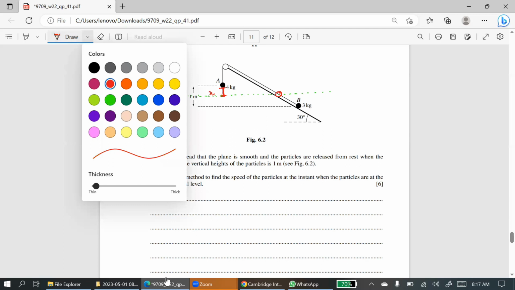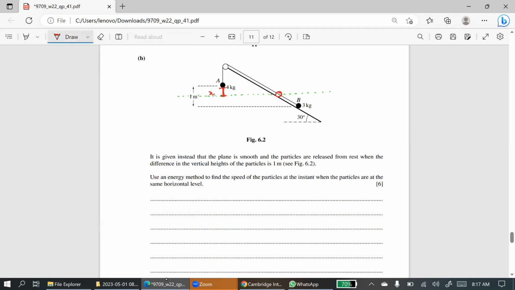As much as the rope comes down with A, B will go up by the same amount. So this distance is x. The difference between the new and the old position of B is x. We will draw a triangle.